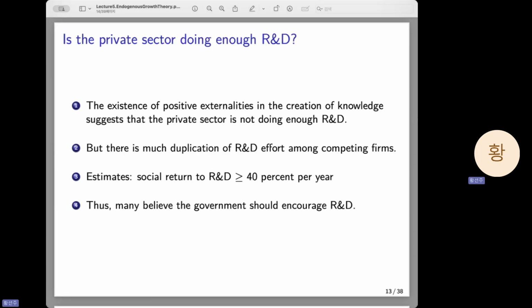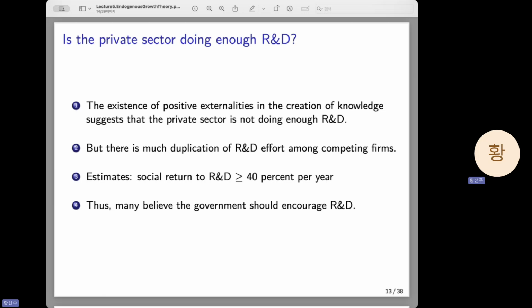So this leads to a policy question: is the private sector doing enough research? Evidence suggests that it is probably not. Knowledge creation generates positive spillovers, so private firms underinvest compared to the social optimum level.